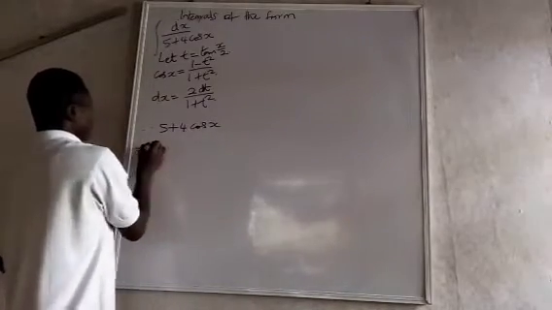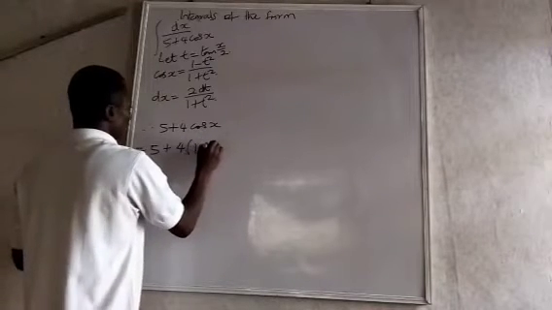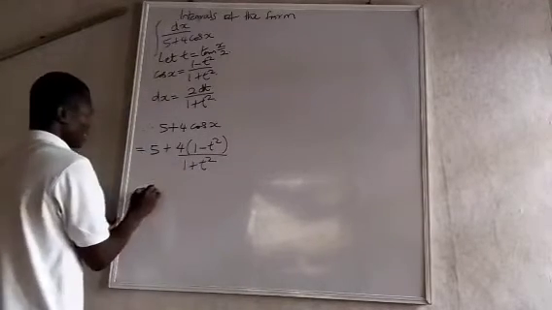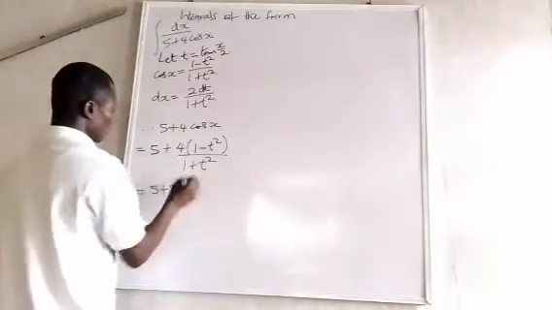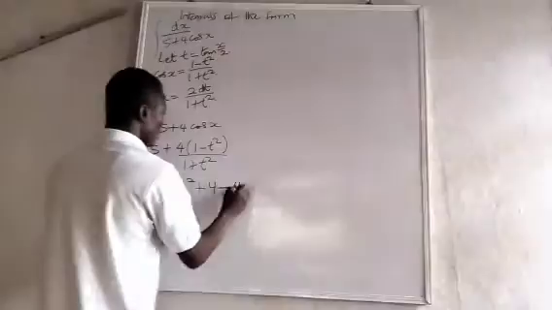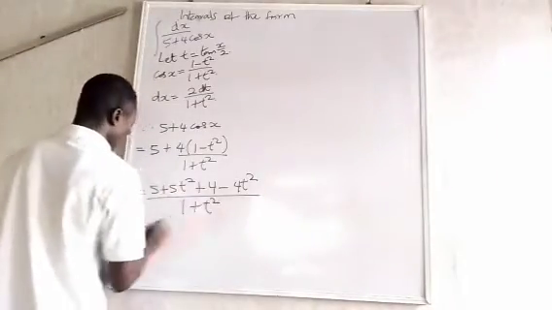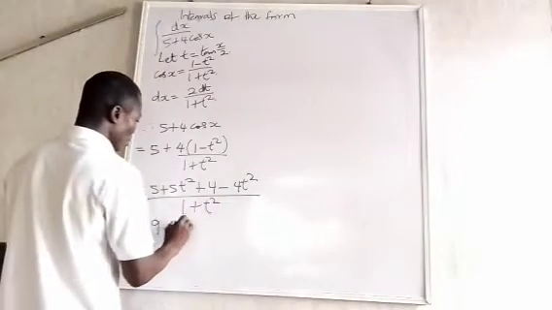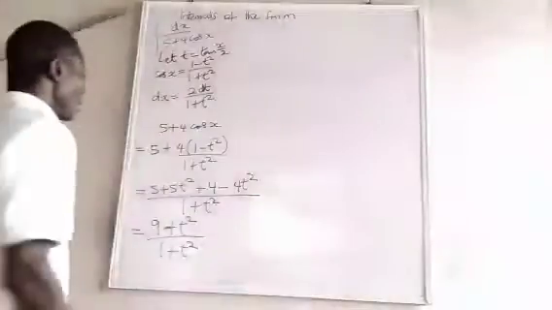will be equal to 5 plus 4 into 1 minus t squared over 1 plus t squared, which will give you 5 plus 5t squared plus 4 minus 4t squared over 1 plus t squared. This is going to give you 9 plus t squared over 1 plus t squared.